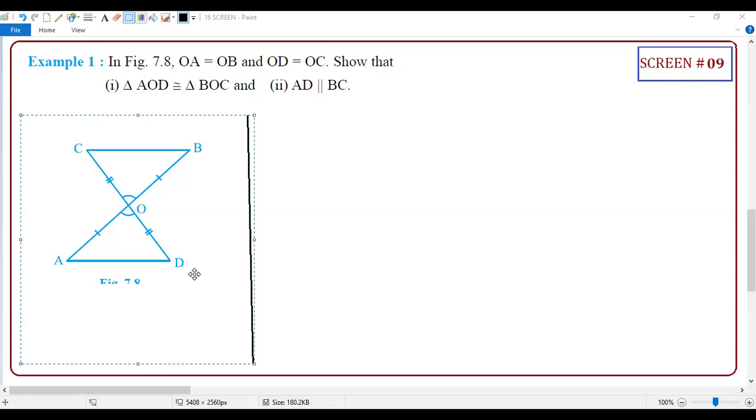Just try that. In what way can I prove that AOD and BOC are congruent?